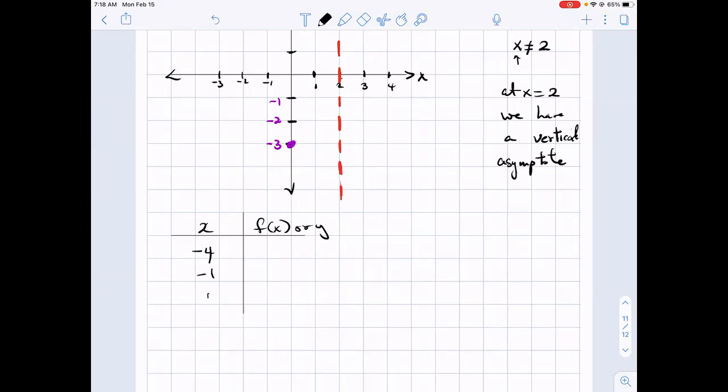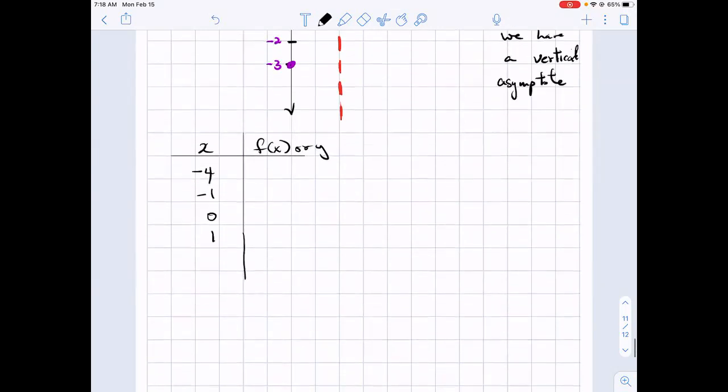What happens if we plug in 0? What happens if we plug in 1? And so on. We can plug in 2, and we know when we plug in 2, it will be undefined. What happens if we plug in 3, 4, 5, and so on? You can plug in as many numbers as you like.